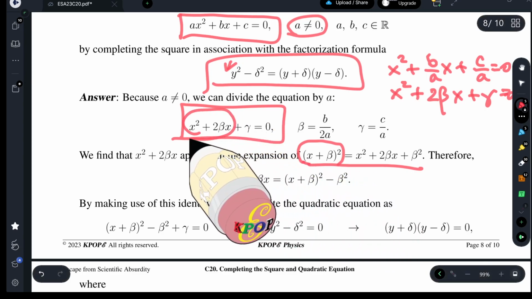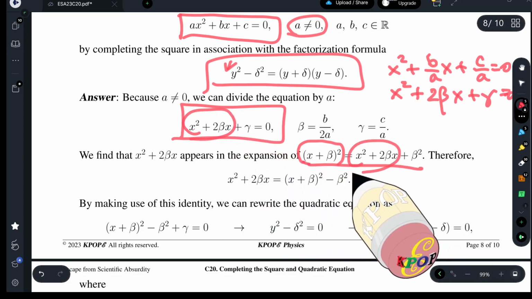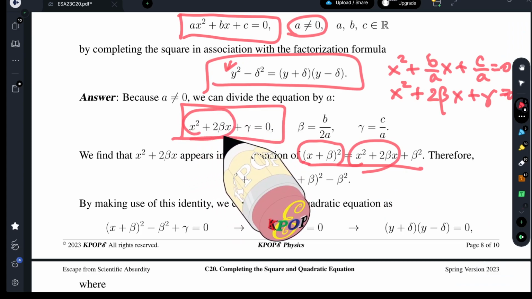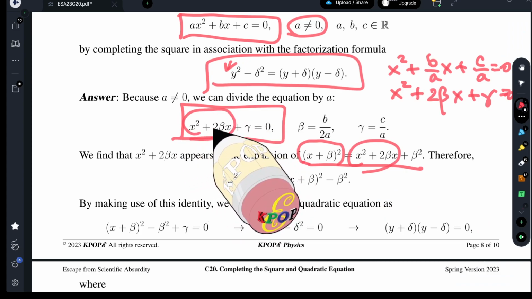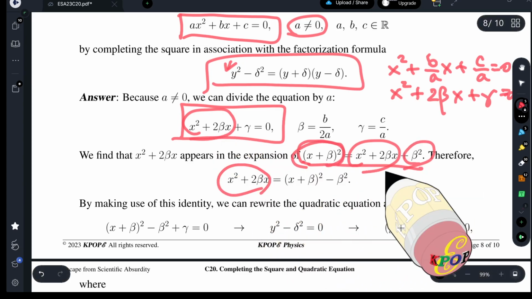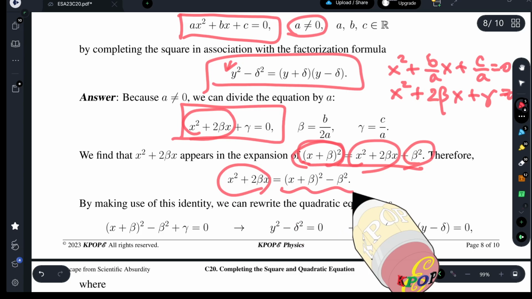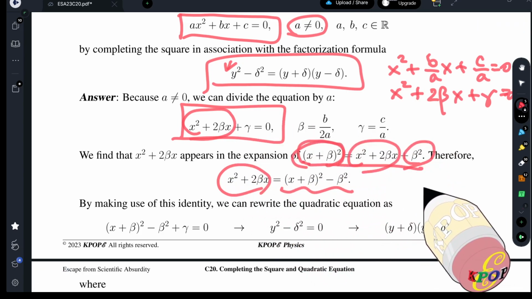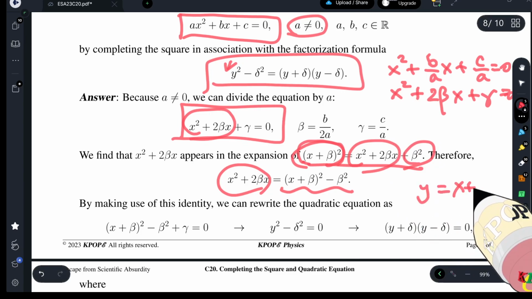Now, this one and this one match together. If I want to simplify this by completing the square, what I need to do is replace this one with this one subtracted by beta squared. Now, replace this one with y. So y equals x plus beta.